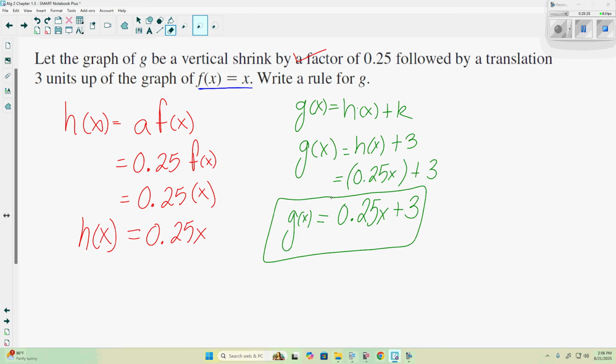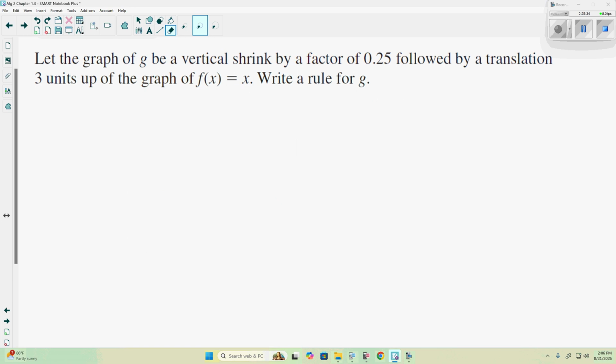So our final rule, our g of x is 0.25x plus 3, yes? Now the question is, does the order matter? Let's just say I decided to do, you don't have to write this, you can just watch this, the vertical first.